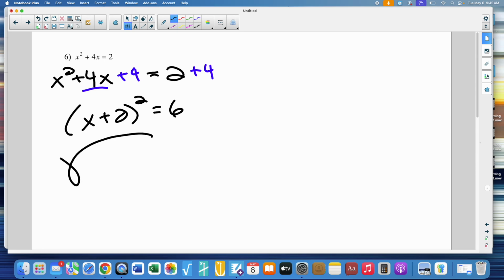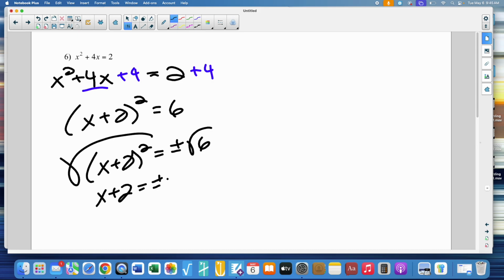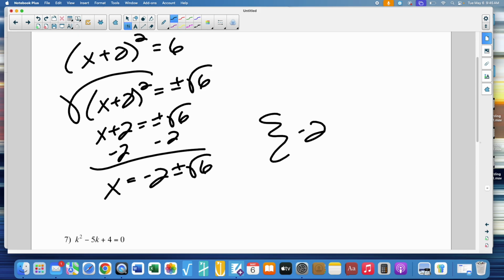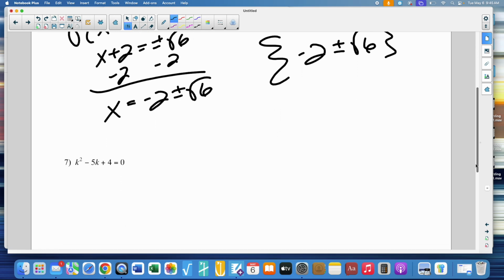We're going to take the square root. X plus 2 equals plus or minus rad 6. Let's minus the 2 over. And that was fairly easy. And we start seeing how fast and efficient we can be with completing the square.